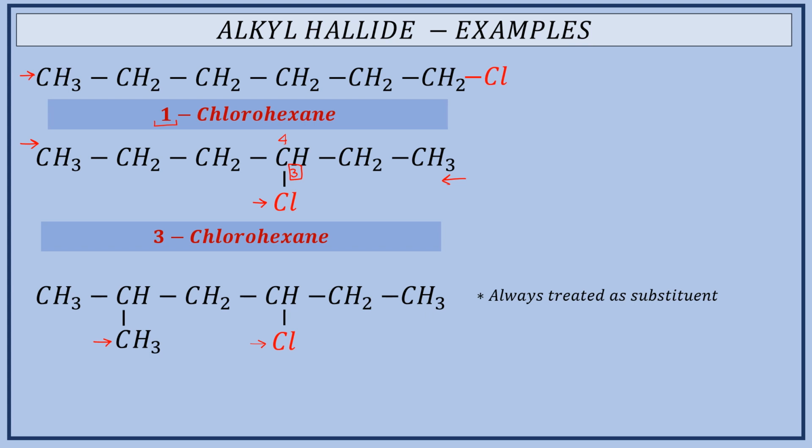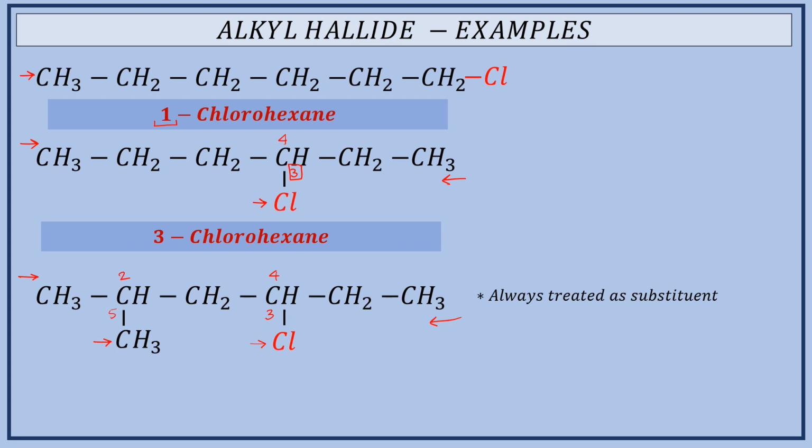If we start from left to right, then the methyl group will have the second position and chlorine will have the fourth position. On the other hand, moving from right to left will give chlorine the third position and methyl the fifth position.